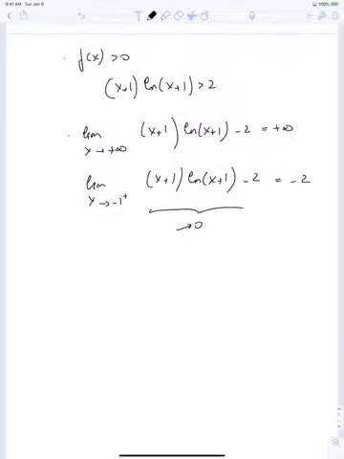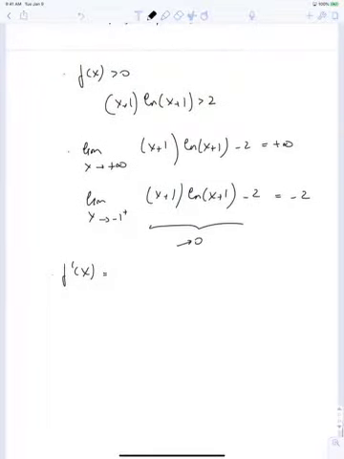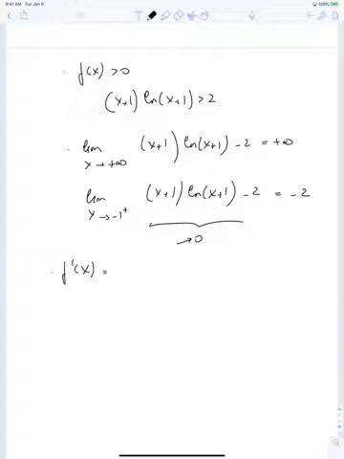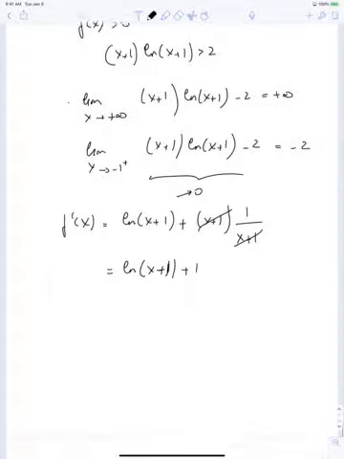very easily. So we're going to do f prime of x is equal, well, this is the derivative of a product. So this is 1 times the log of x plus 1, plus x plus 1 times the derivative of the log, which is 1 divided by x plus 1. So this part can be simplified. So this is log of x plus 1 plus 1.